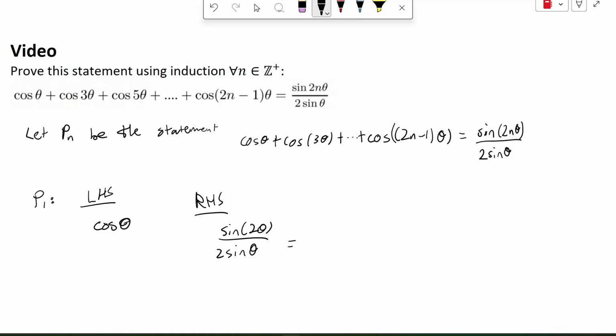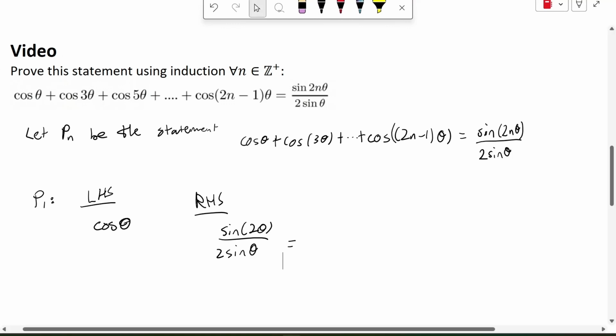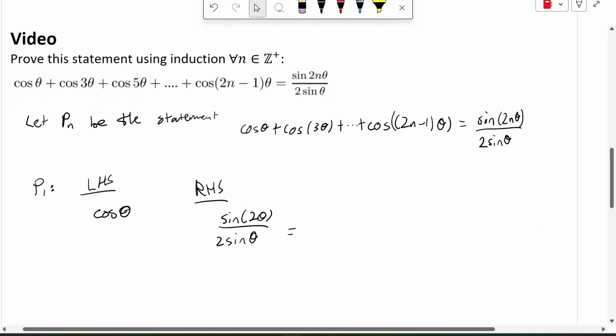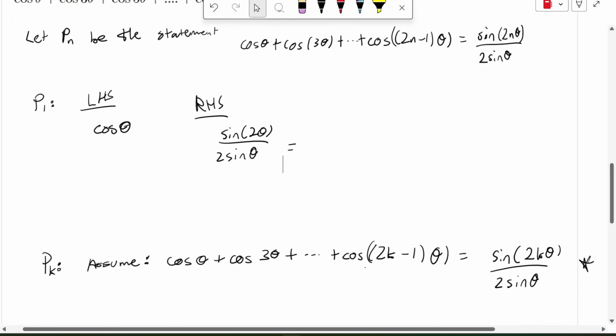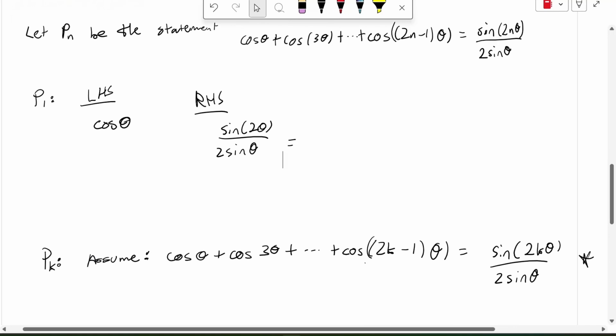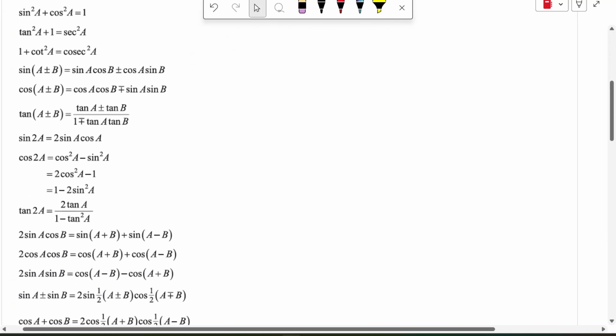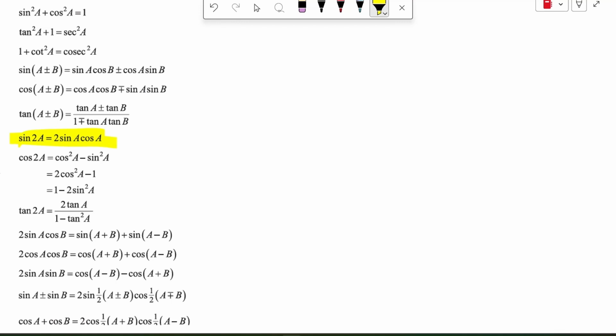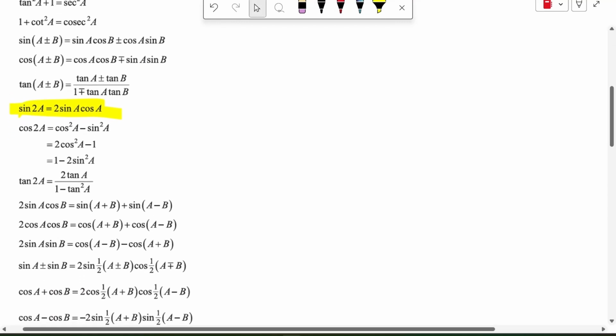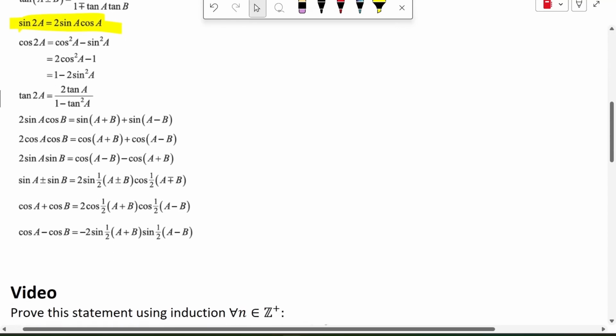Now, usually what we do is we work from the left-hand side and simplify it down to the right-hand side. But in this case, it's actually going to be a bit easier to work from the messier right-hand side and simplify that to get cos of theta. So we'll need an identity for dealing with sine of 2 theta, and that's going to be this identity right up here. Usually you'll have to do some searching for the identities and just find the one that you will find appropriate for your context.